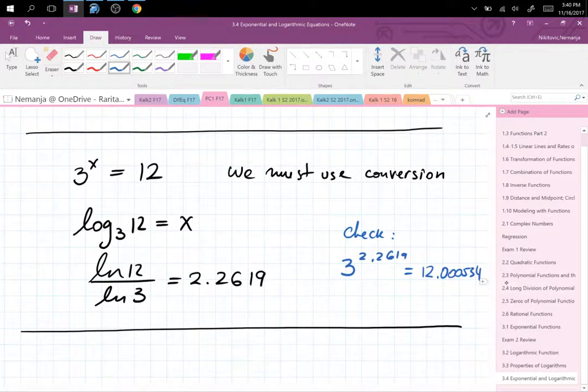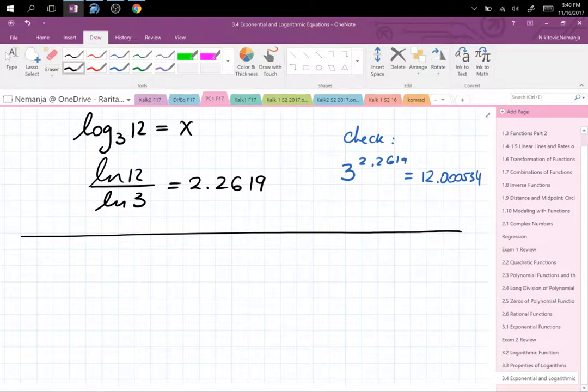You see this is extremely close to 12. And it's not exact because we didn't copy the rest of the decimal numbers there. We wrote only 4. But this is good. I mean, this is the best we can do. We can do better, but let's call this best.